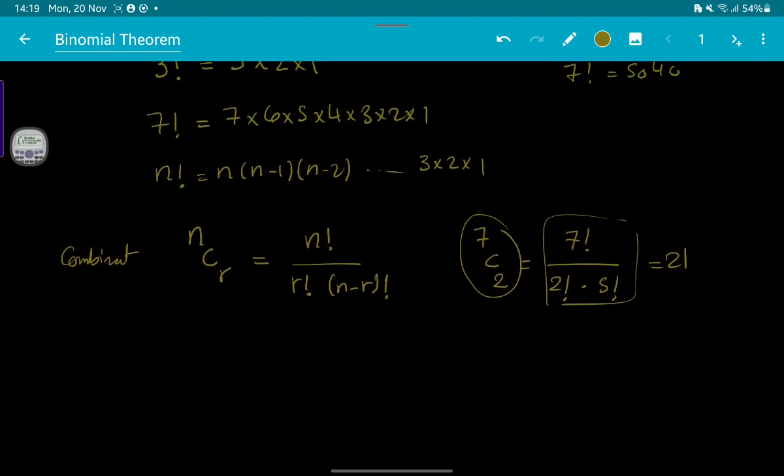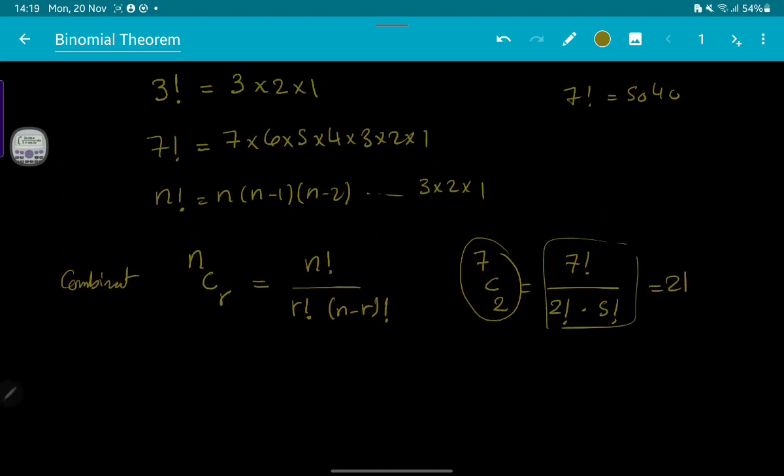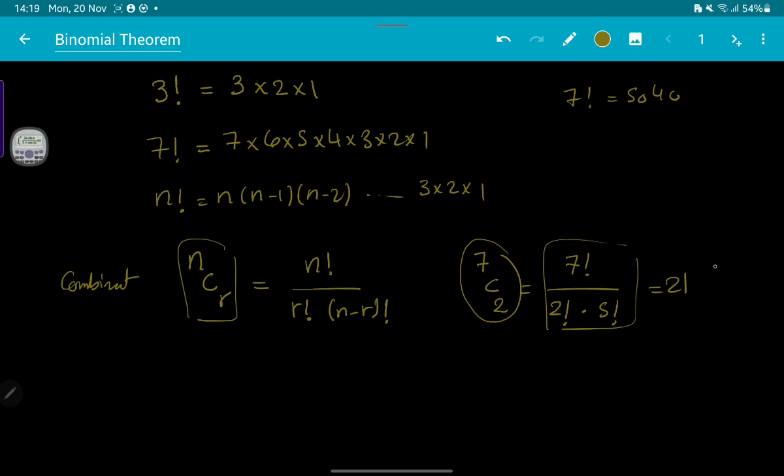Before we go to the lesson, we have also this notation, which could be n over r without the C, and this means the same idea. So we can write 7C2 this way, or we can write 7C2 as this 7, 2. So this means 7C2.